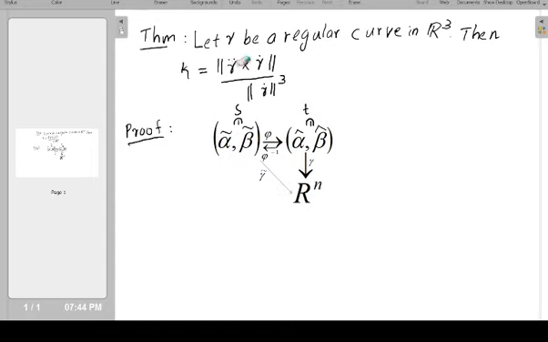So gamma is our regular curve, and I will look at d gamma by dt. So d gamma by dt, that is my gamma dot.